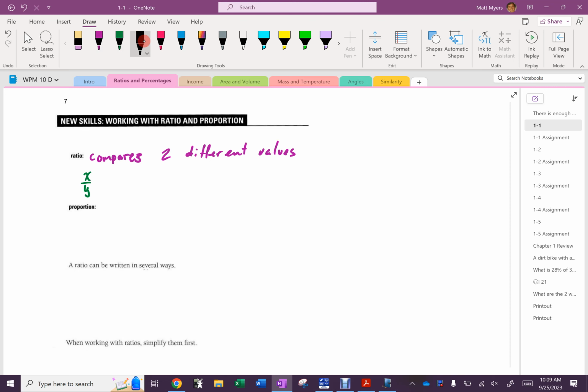And that's okay, because doesn't a fraction compare part, which is one value, to the whole, which is a second value? Do we all agree? That's why they work together. They're not quite the same, right?